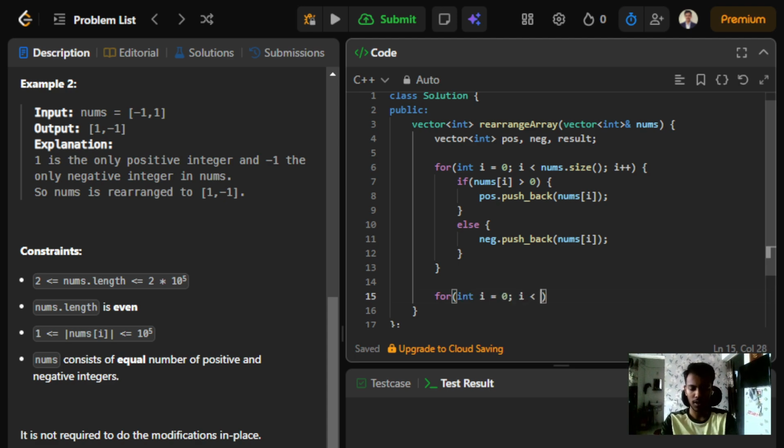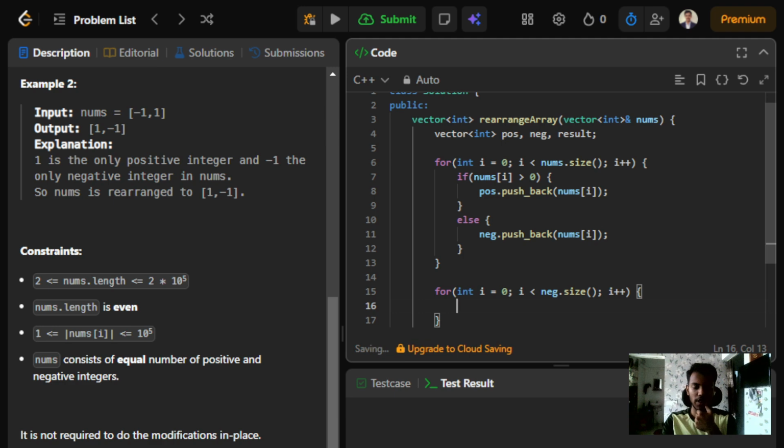Alright, I less than size. As the size of both the arrays is same, I can iterate on any one. I just have to increment I the number of times the elements are present. That's it, right?